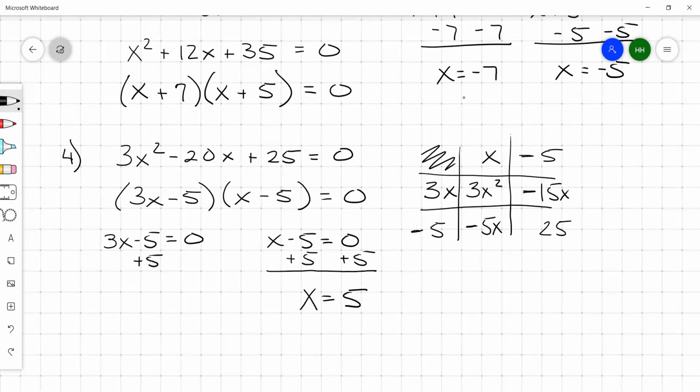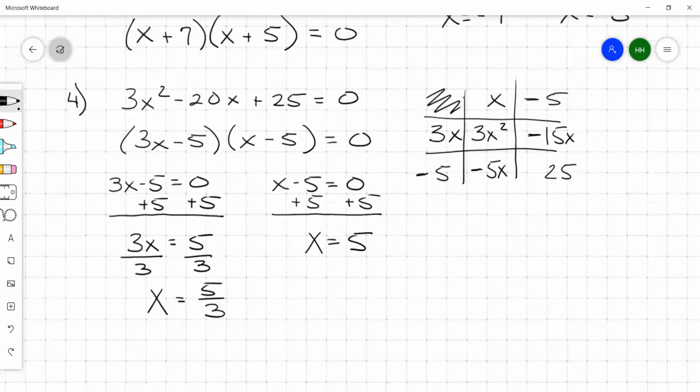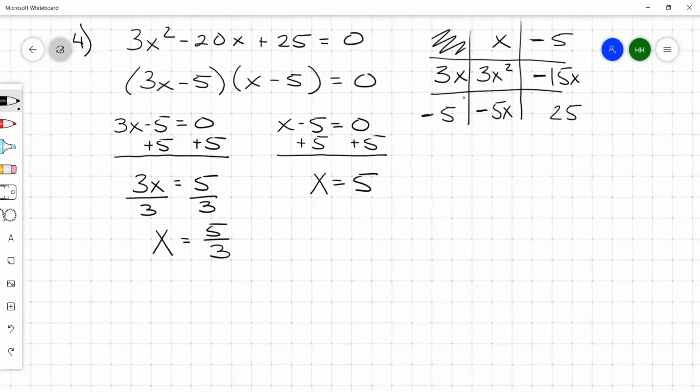So add 5. 3x is equal to 5. And then divide both sides by 3. And your x equals 5/3. So here's one of your solutions, and here's the other one.